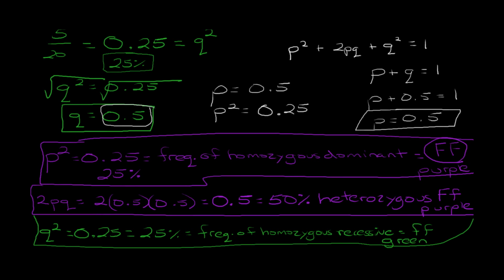But not only did you figure out the frequency of the color, you also figured out the frequency of the genotypes. 25% of the birds are probably going to be homozygous dominant. 50% of the birds are probably going to be heterozygous. And then 25% of the birds are probably going to be homozygous recessive.